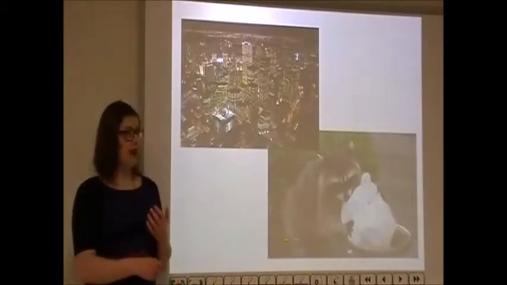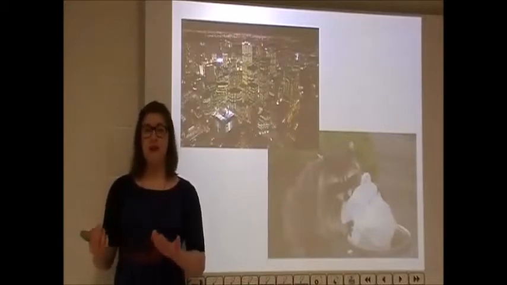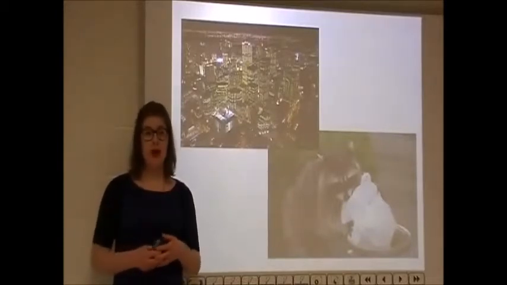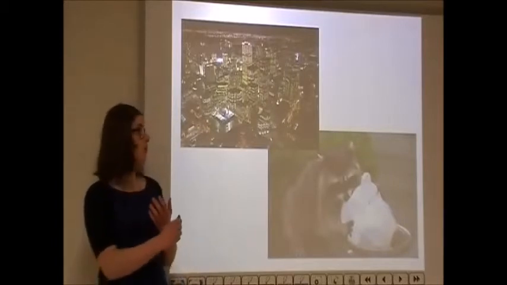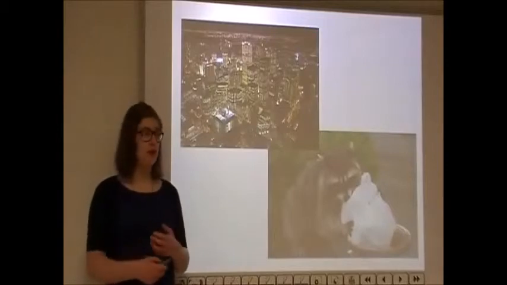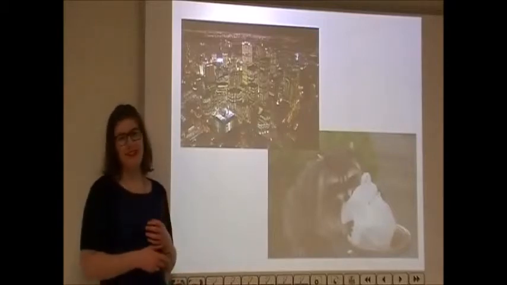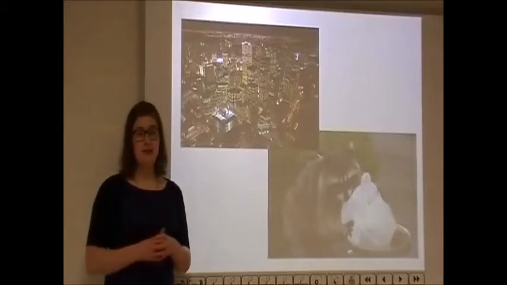For example, the raccoon. Raccoons in wildlife regions such as national parks do not see as many humans, so they're relying mostly on berries and nuts, versus in more populated regions like cities, they rely mostly on the waste products of humans. For example, this cute little raccoon going through the trash. And that's very similar to algae and Dreissenid mussels.